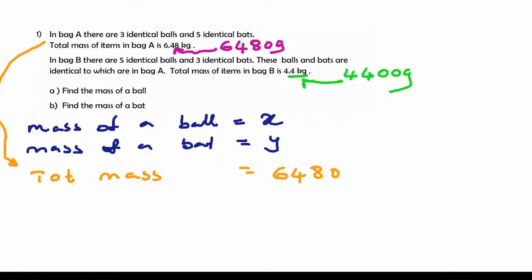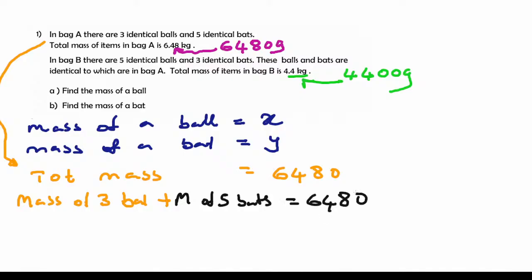The total mass is by adding the mass of three identical balls, plus the mass of five bats, is equal to 6,480 grams.